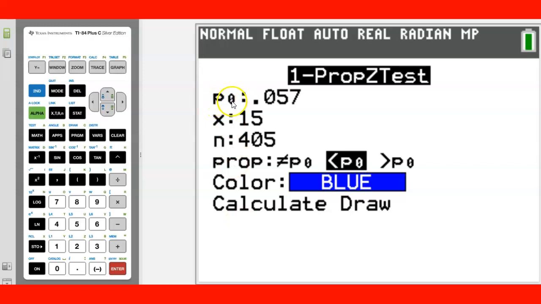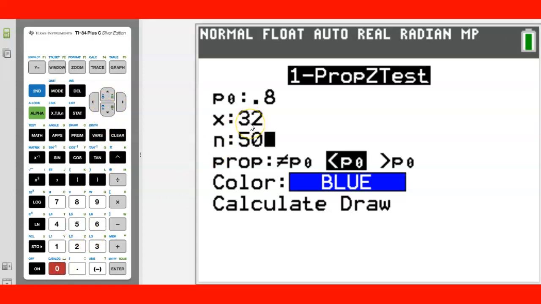P sub 0 is the proportion that we built our null hypothesis on. In this case, it was 0.8. 80% is what was in the null hypothesis. X is how many people said yes to your question. How many free throws did you make? In our simulation, our shooter made 32 out of 50 shots.